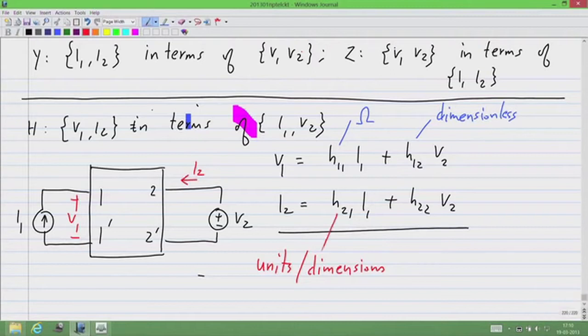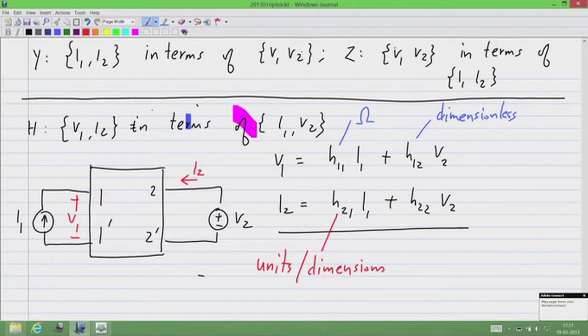Similarly, what is it for H21? Units and dimensions of H21.